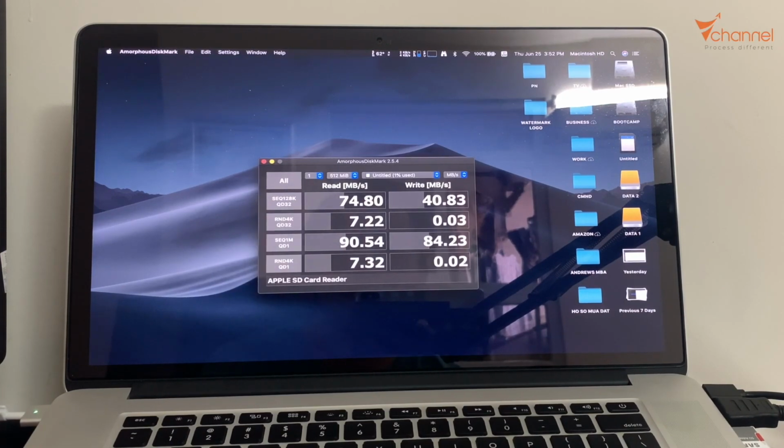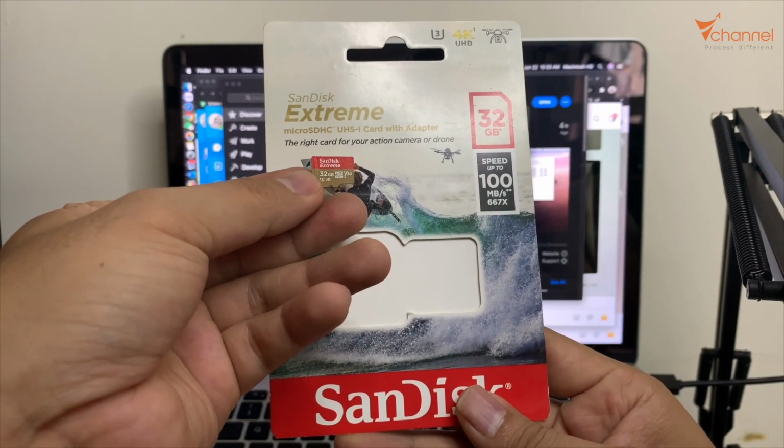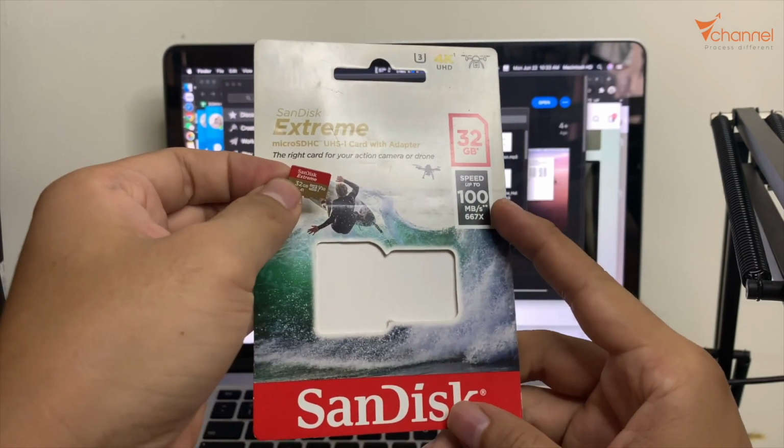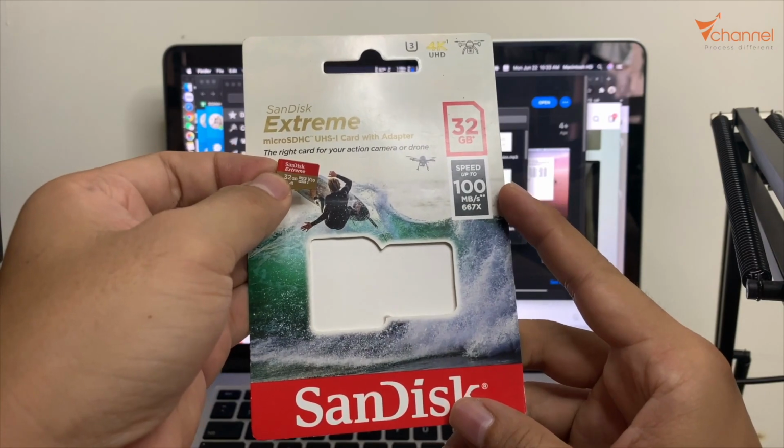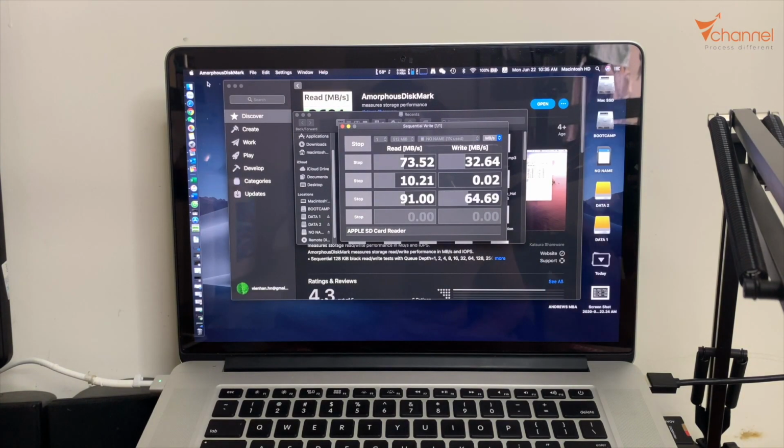Next, I try SanDisk Extreme 32 gig U3 V30, which can reach 100 megabyte per second. The write speed is very good, 32, 64, both higher than 30 megabyte per second, very high. And read speed is good, 74, 91.